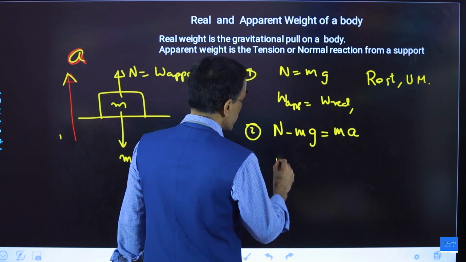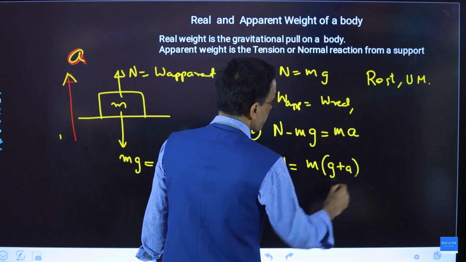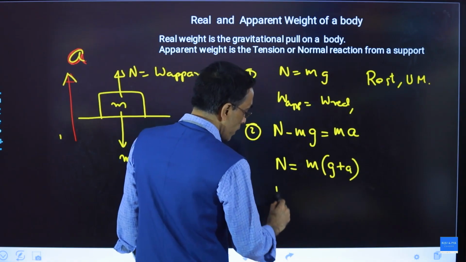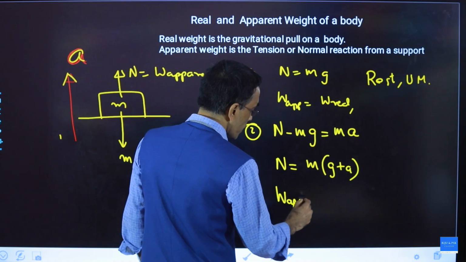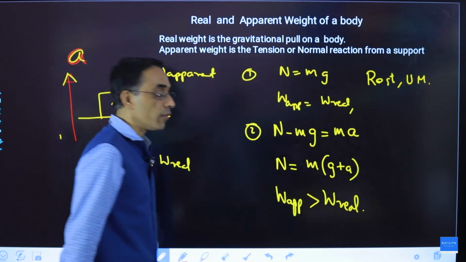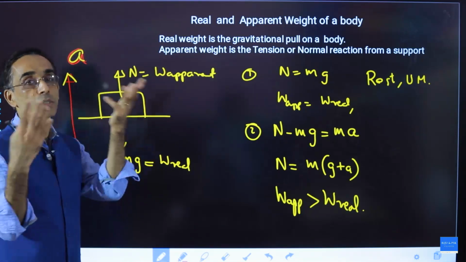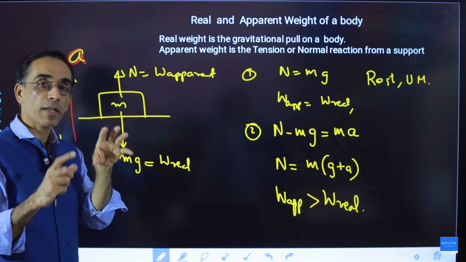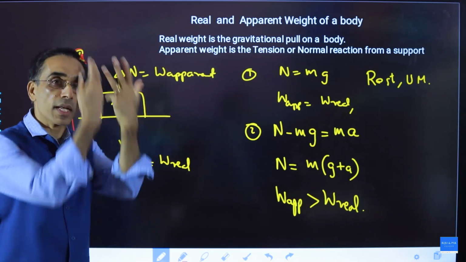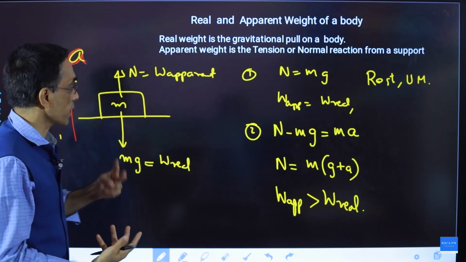The apparent weight is N. N equal to m into (g plus a), and this N is the apparent weight, and that is greater than mg. So can you ever feel more weight? Of course, when you are accelerating upward, you will experience more weight. Suppose you are going in a rocket, in the beginning the rocket accelerates upward, you will feel many times your weight. That is the second case.